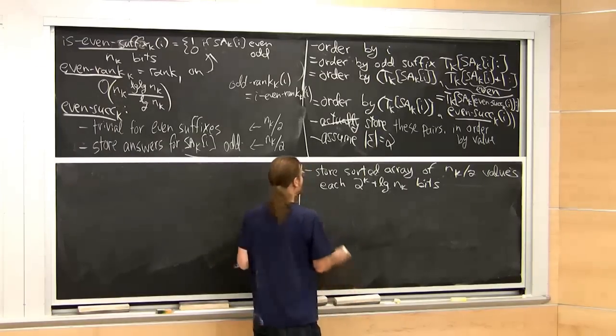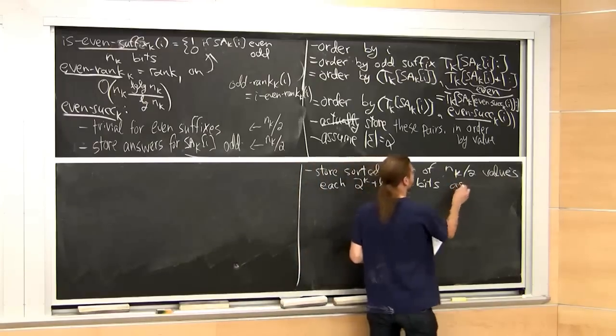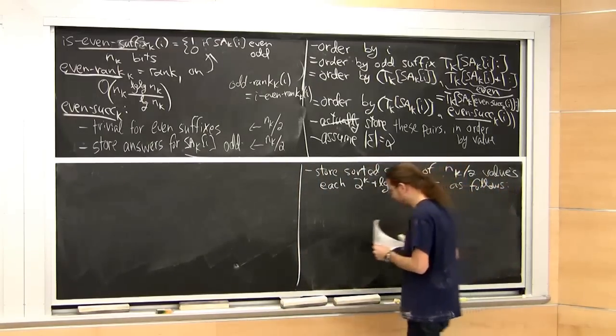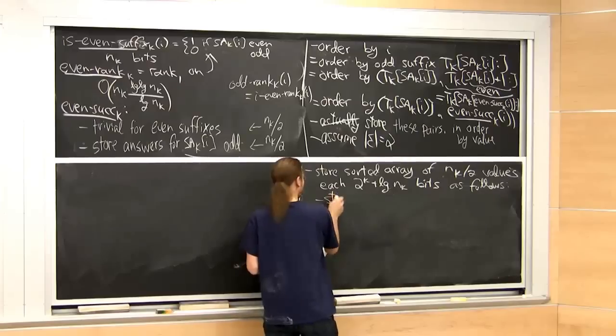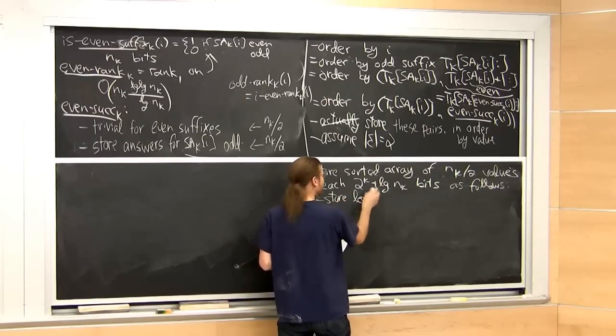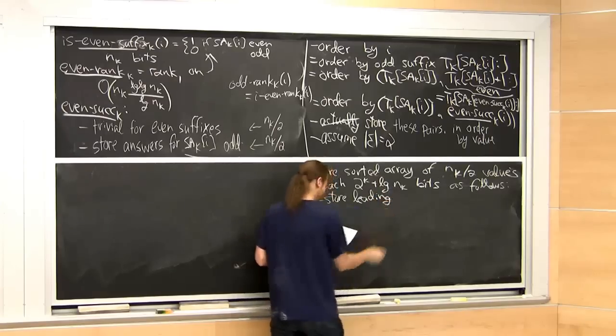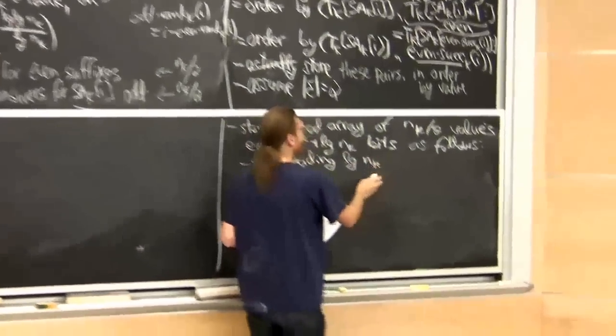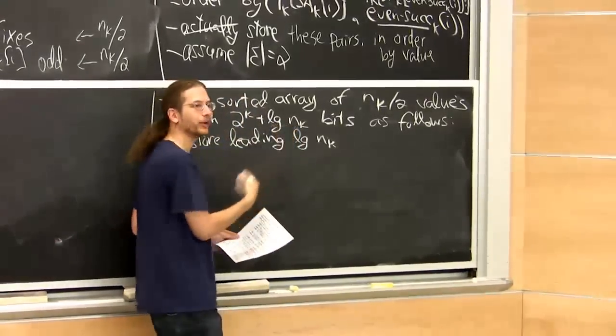As follows. We are going to store, so there are these big bit vectors. We're going to look at the leading log nk bits. This is kind of weird because the log nk bits we care about are at the end.